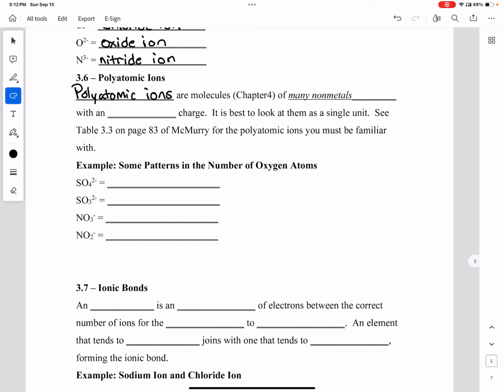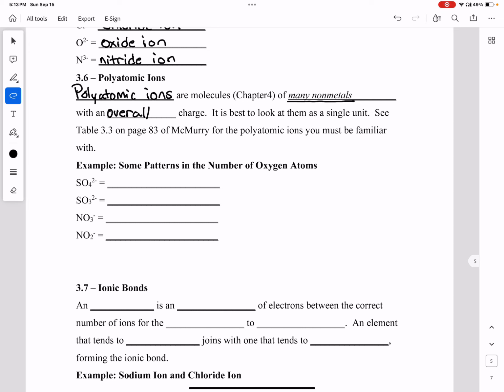A molecule is a whole bunch of nonmetals bonded together. And a polyatomic ion is many nonmetals bonded together with an overall charge. So it's good for us to just look at a polyatomic ion as if it's a single unit. You could even replace it with a variable if that helps you think about it that way.